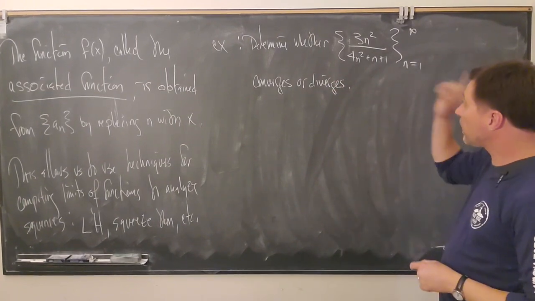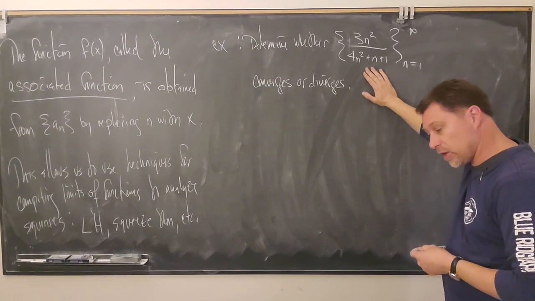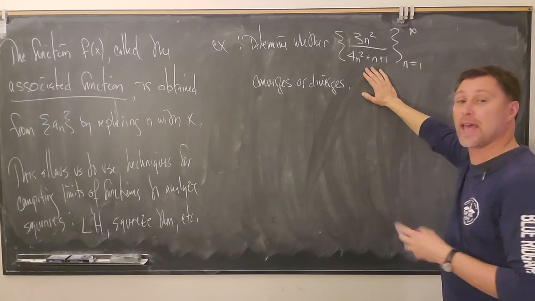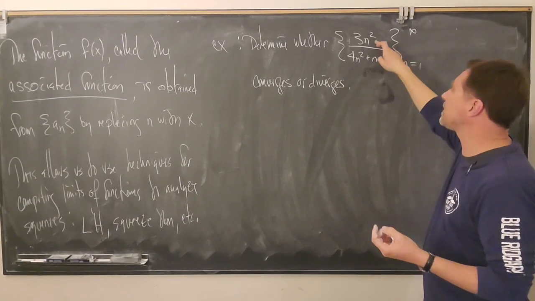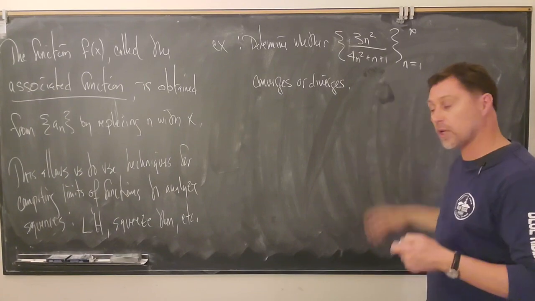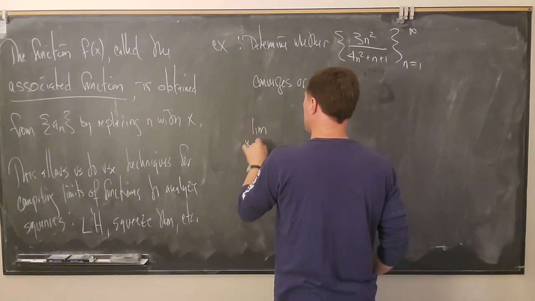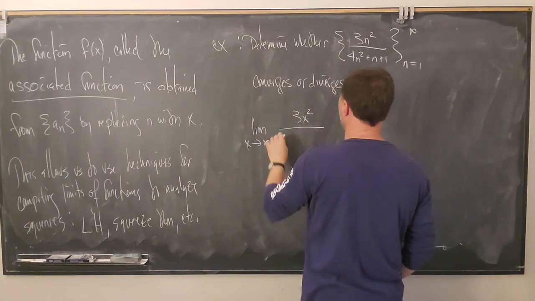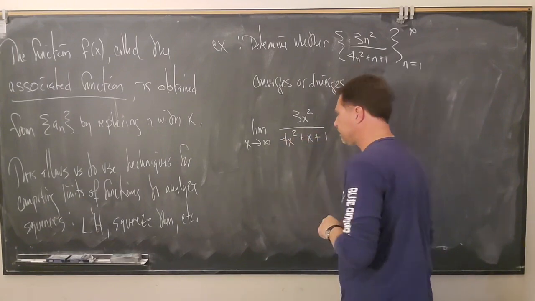What we want to do is look at the associated function and compute the limit as x goes to infinity. The associated function is found by just replacing these n's with x's, and so we're going to compute the limit as x goes to infinity of 3x squared over 4x squared plus x plus 1.